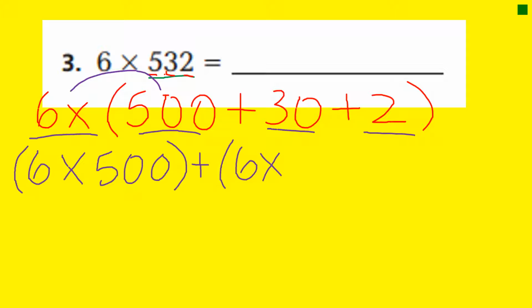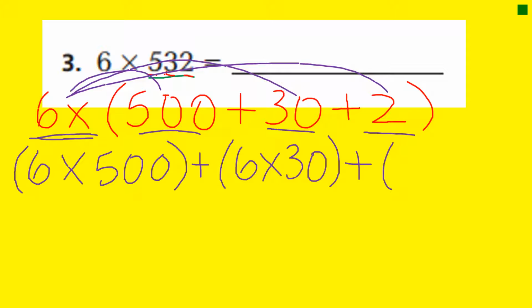Again, 6 times every part has to be multiplied by 6. There's the other part, 30. Okay? Now this time we have 3 parts, don't we? Everything has to be multiplied by 6, including you, little 2 times 2.